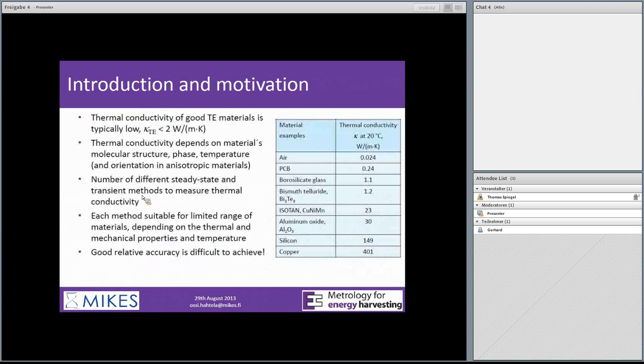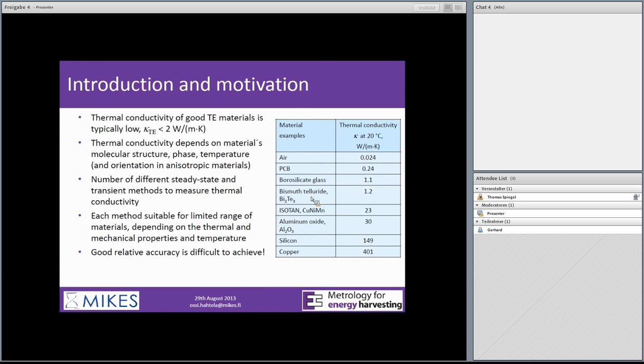Thermal conductivity of good thermoelectric materials is typically very low. I listed here a few materials so that you can get a figure of what kind of numerical values different materials have. Copper, of course, has very high thermal conductivity. We have oxides and metal alloys that have somewhat lower thermal conductivity.